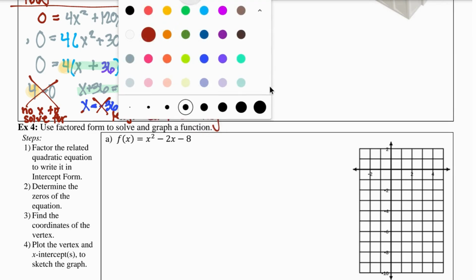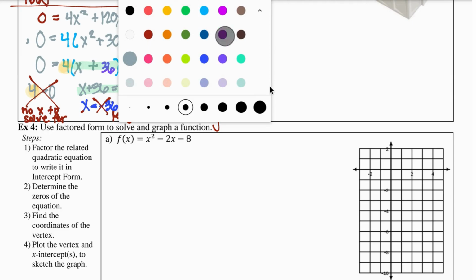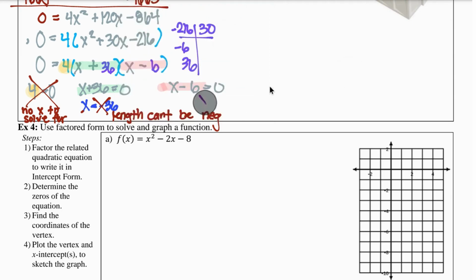And so that means that we better get an answer for x minus 6 equals 0, otherwise this has no solution. So x minus 6 equals 0 tells us that x would equal 6. And so that must be true.